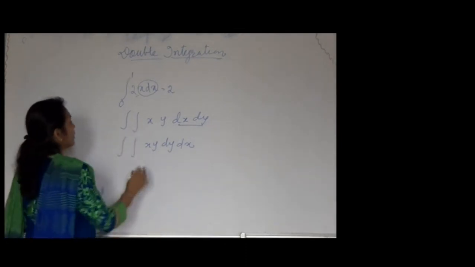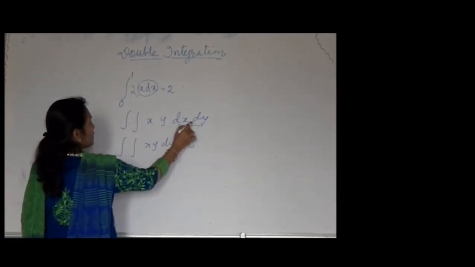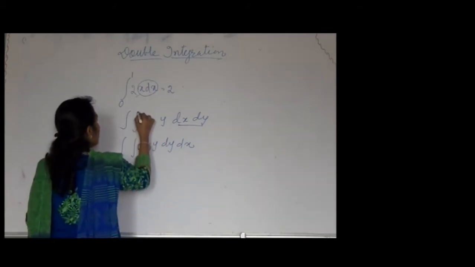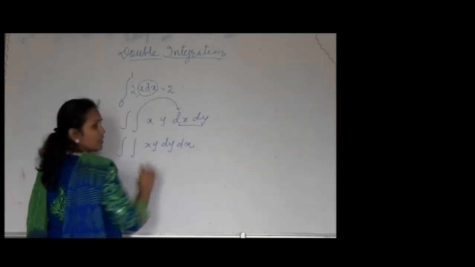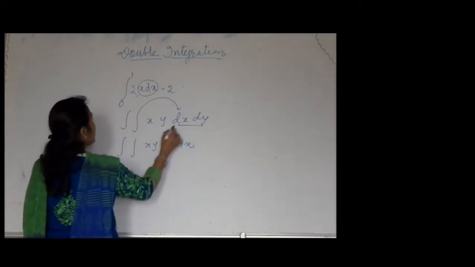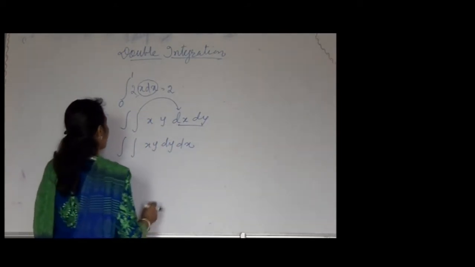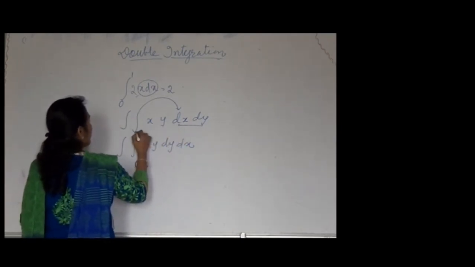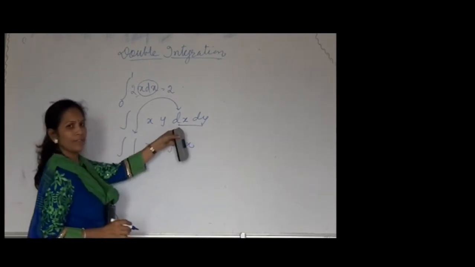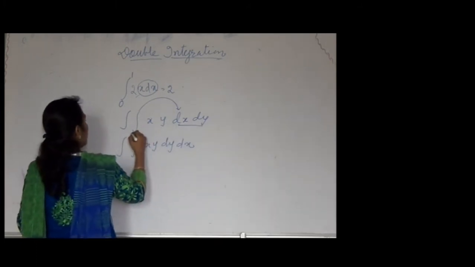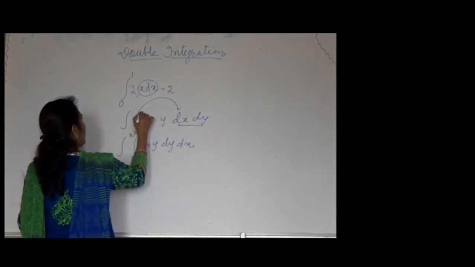If I am writing xy dx dy as the order of integration, it means the first integral, the inside integral, is related with x. If it is related with x, the limits are, let it be, x is equal to 1 to y.